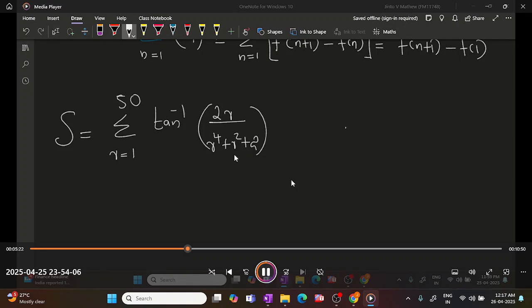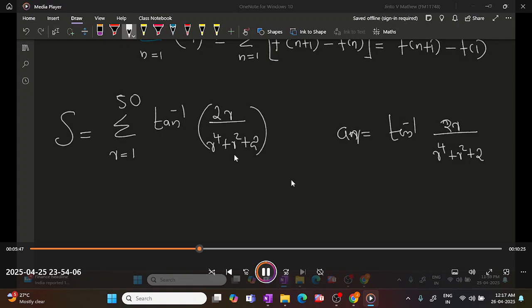So the rth term is nothing but tan inverse 2r by r raised to 4 plus r square plus 2. I have already told you this particular problem is based on telescopic series.